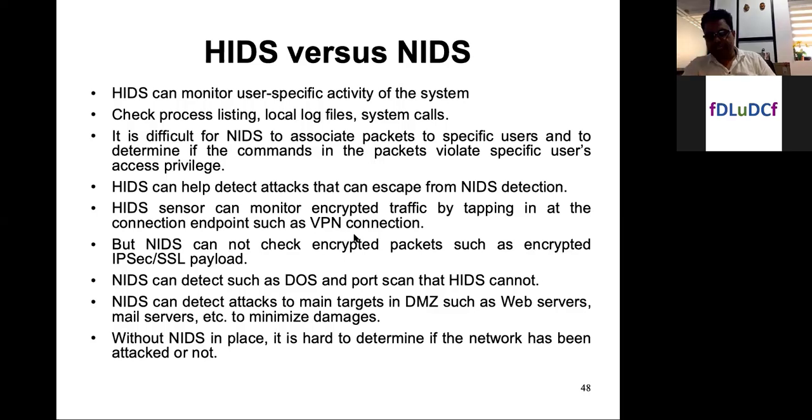HIDS works at the host level, so they can access this information and create warnings based on that. As you may see, there are plus and minus points of HIDS and NIDS.